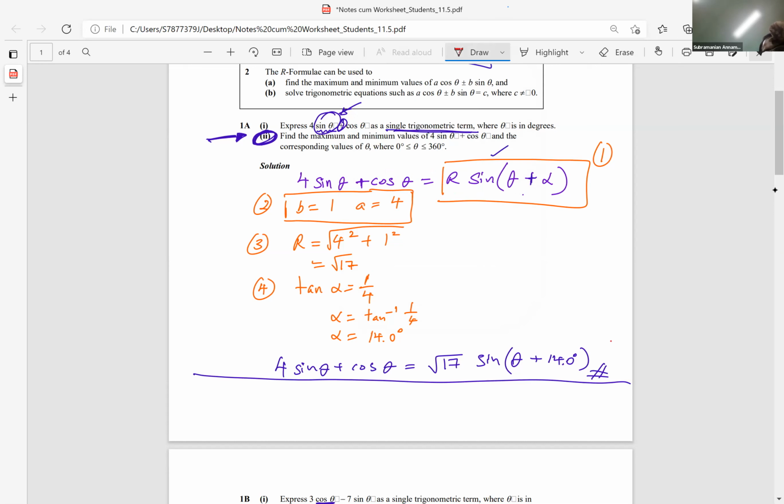You know that sine theta is between 1 and -1, correct or not? Agree, guys? Are you with me?